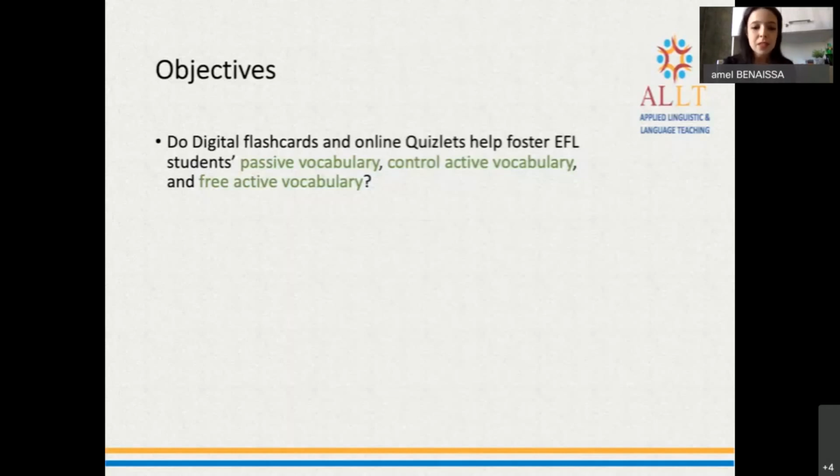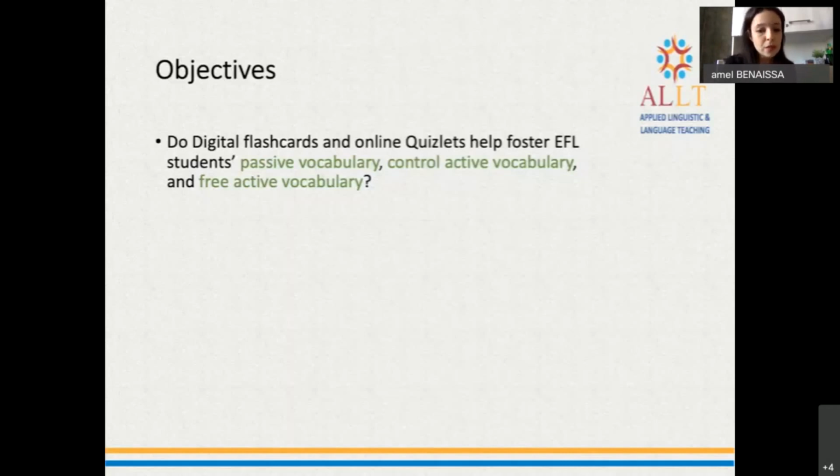And this is because they first need to know that there are different types of lexis, the first being the passive one. So for passive, it means the ability to understand words, but without using them.